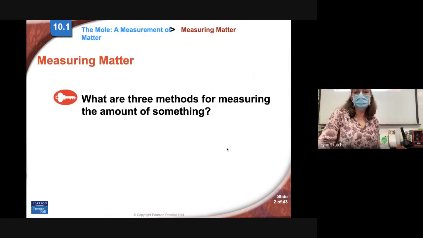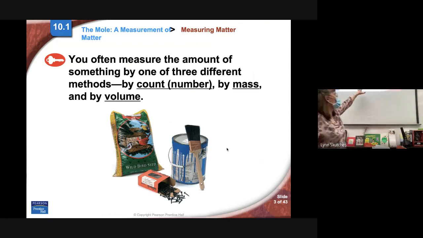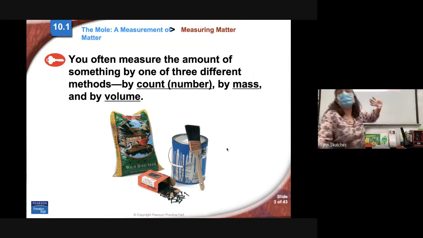All right, how do we measure things? Well, again, we can measure them by counting numbers of things, like the numbers of nails or screws or whatever these are in this box, probably 100. That's typical. We could do it by mass. You know, when you go buy birdseed, it's probably by the pound, but we would use kilograms, of course, and you could do volumes. So for liquids and gases, a lot of people forget that gases are how this whole conversation actually started.